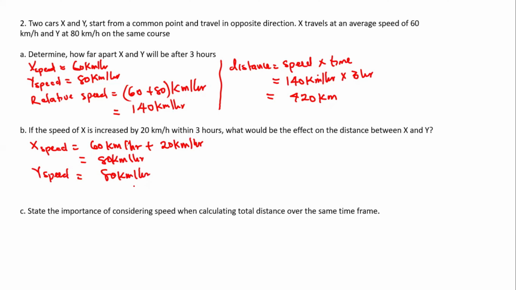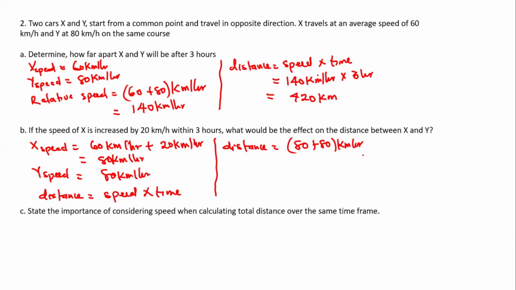Now, to find the distance, it is still speed times time. So the distance is, the speed now is 80 plus 80 kilometer per hour. Remember, we are adding X and Y speeds, and our time still remains 3 hours.